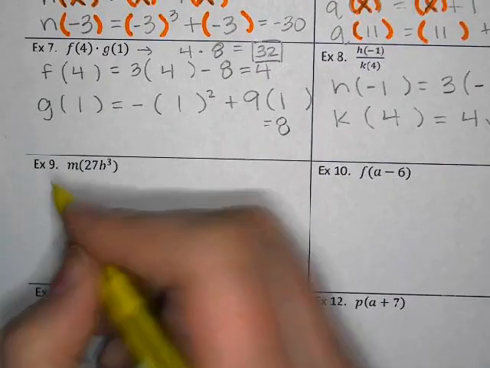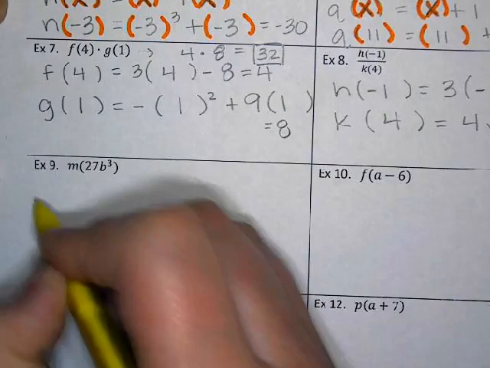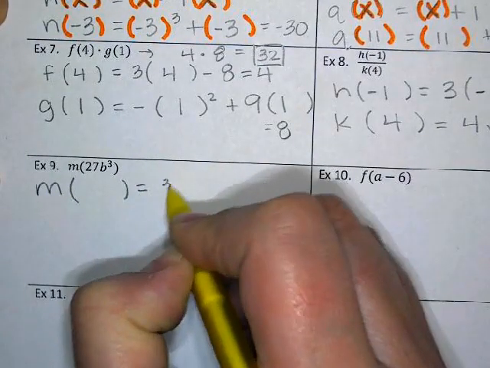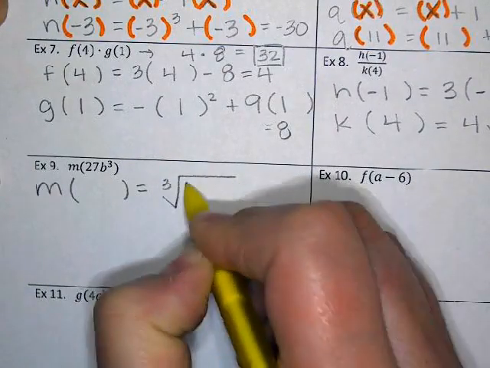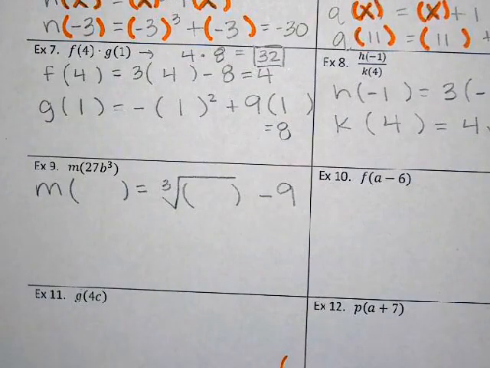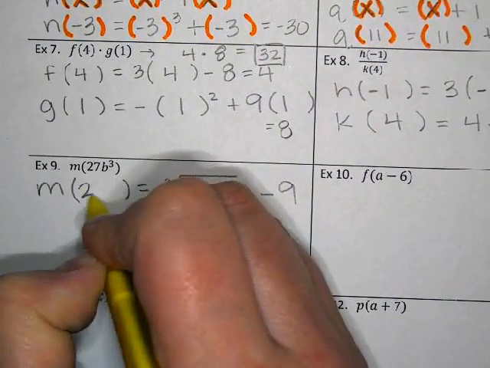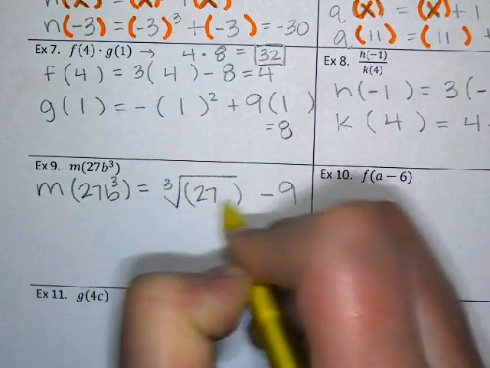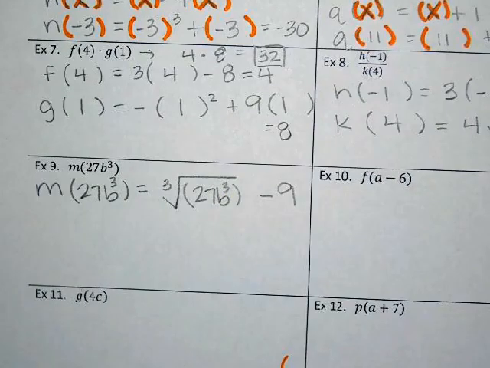M of x is the cube root of x minus 9, okay? And then the thing that I want to plug in is 27b to the third. Okay, so I don't need this part. This is just notation. It was telling me what I was plugging in.